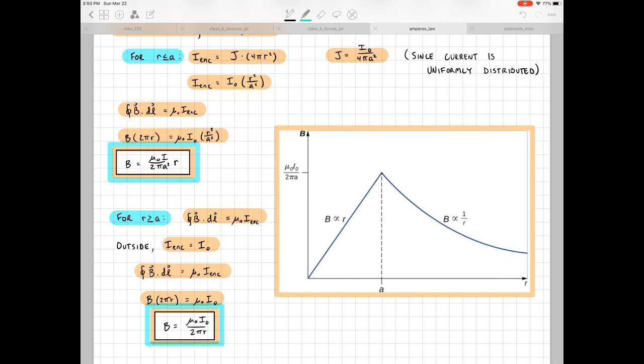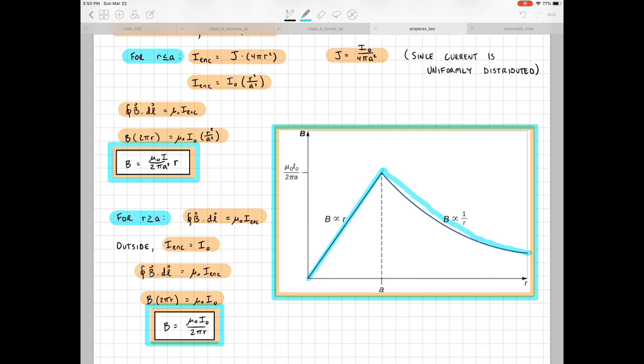And what I've included over here on the right is just a little plot of what the magnetic field looks like in these two scenarios. So as you're moving from r equals 0 out to a, the magnetic field is increasing in strength until you get to the edge of the wire, and then at that point, the magnetic field drops off like 1 over r.